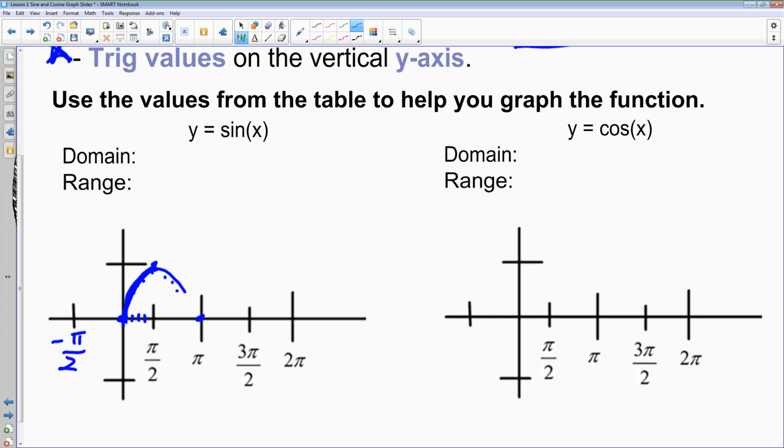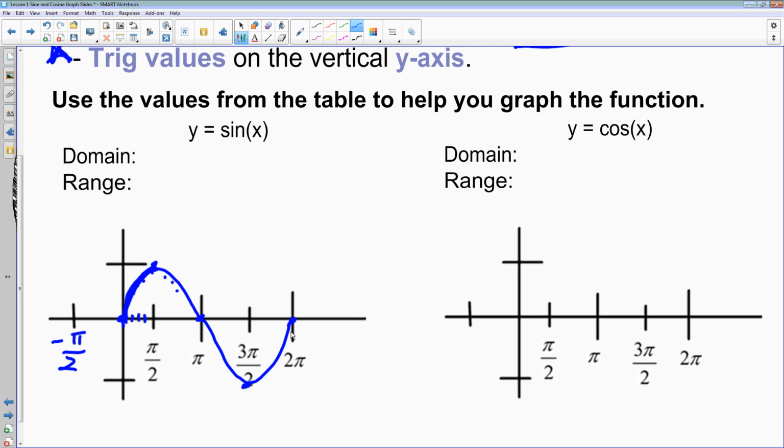So here's my first part of the curve, and then for the remainder, at 3 pi over 2, we're at -1 for our sine value. At 2 pi, we're back to 0. And then we'll have all those values, but now they're negative since we're in that third and fourth quadrant, okay? So there's your picture of your sine.